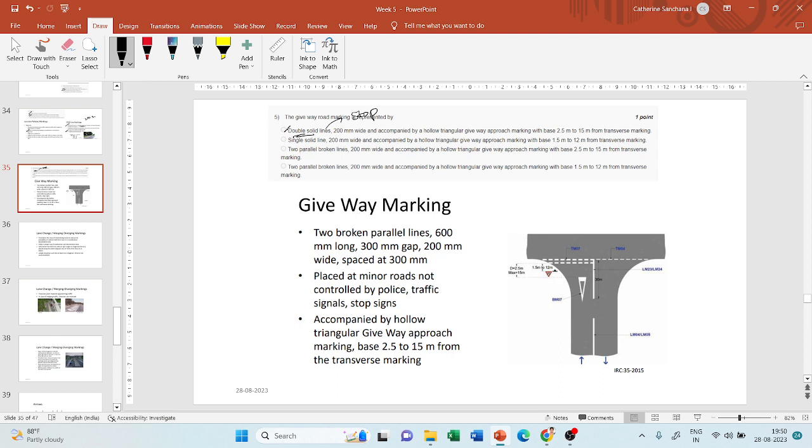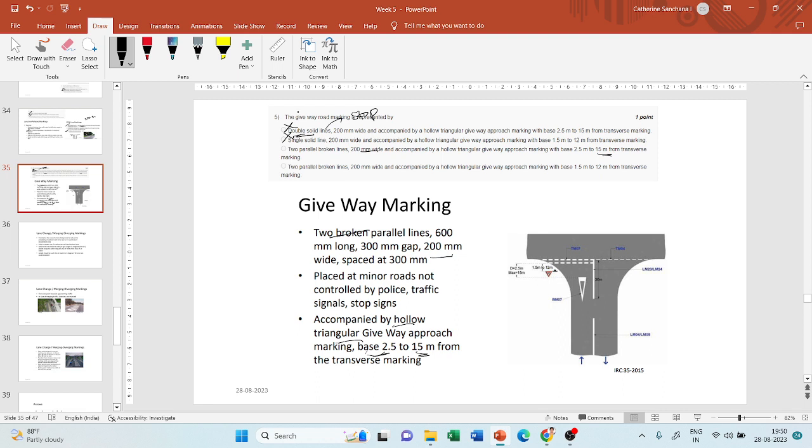So the first point is not the answer. A single solid line is also not the answer because we use a single solid line for stop marking. Two parallel broken lines, yes, 200 mm wide, accompanied by a hollow triangular give way approach marking with base 2.5 meters, and 15 meters from the transverse marking.